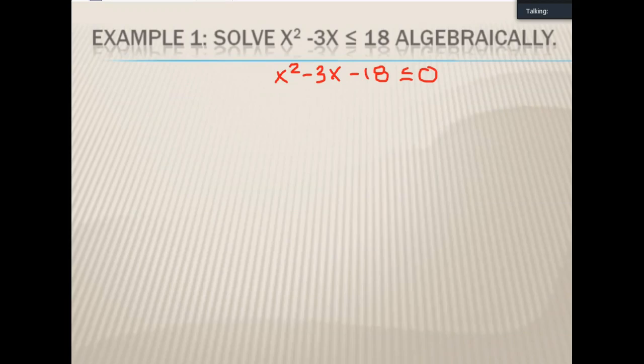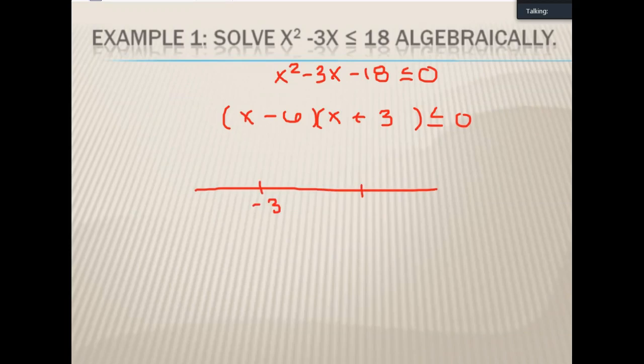So in the case of this problem, we know that this can factor because the factors of negative 18 that sum to negative 3 are going to be negative 6 and positive 3. So that means that my roots are at negative 3 and positive 6.